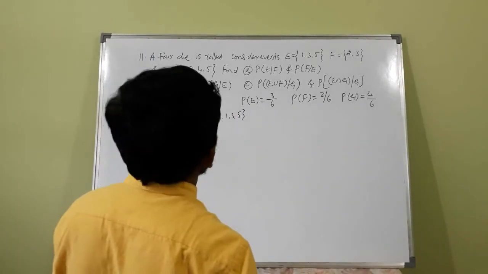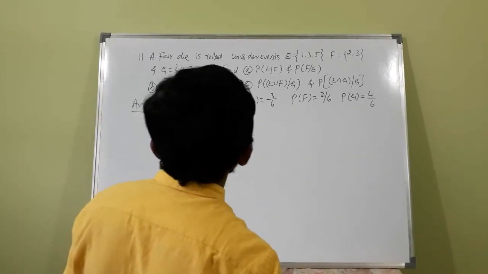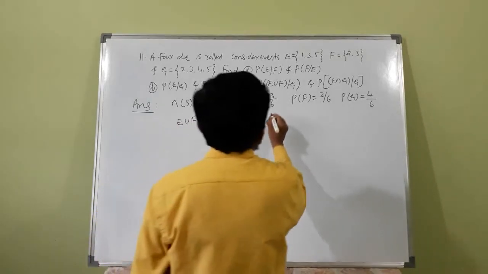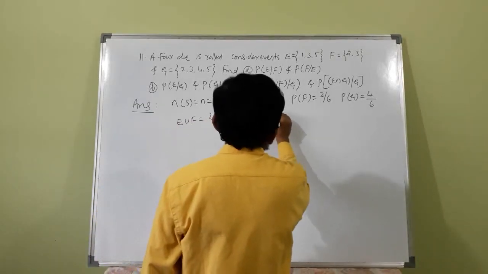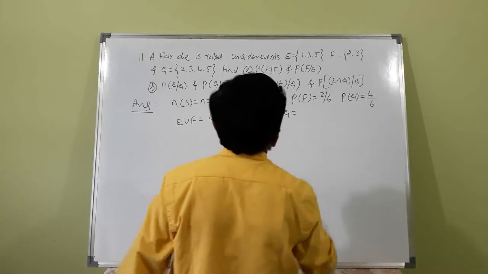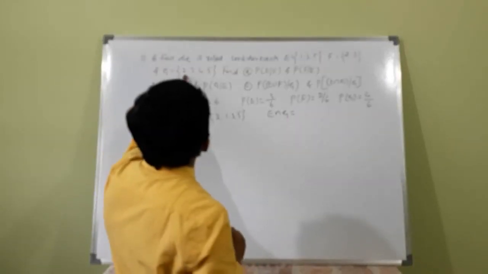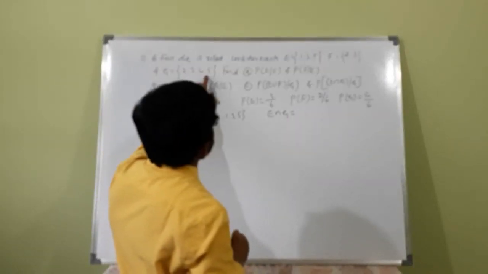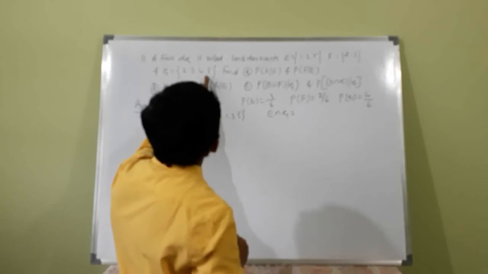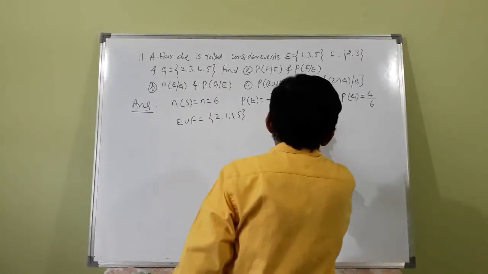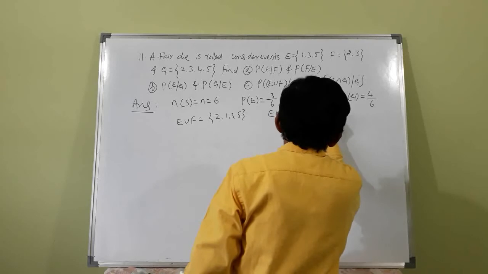And E intersection G, E intersection G is {1, 3, 5} with {2, 3, 4, 5}. 3 and 5 are common.